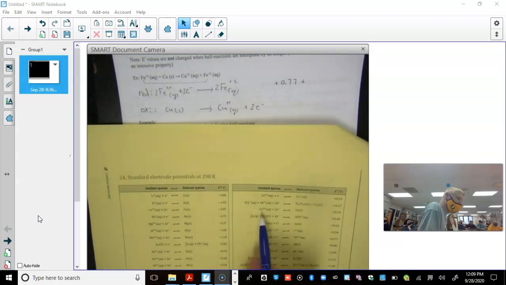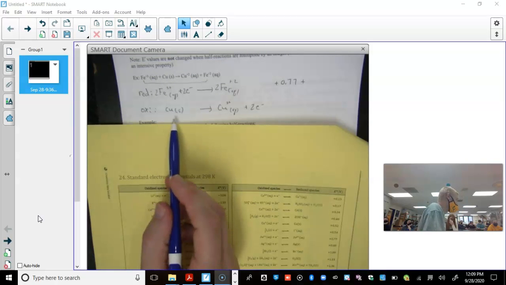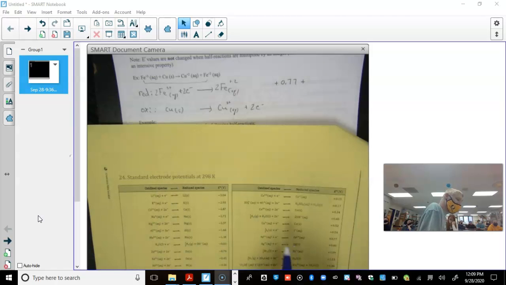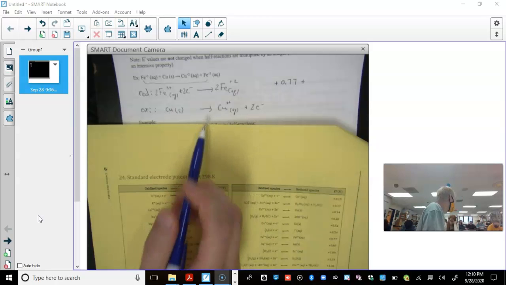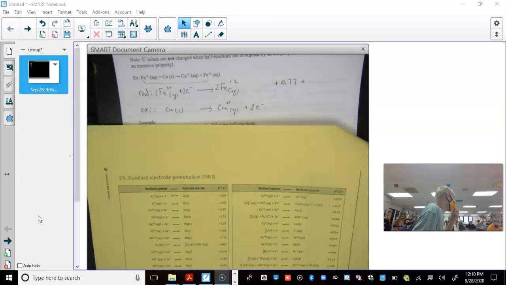All right, so we're right here. Copper 2+ plus 2 electrons equals copper solid, but here copper solid equals copper 2+. So what do we have to do to this? Nope, we don't double it. We flip the sign. You got it, because here it's being reduced, but here it's being oxidized. You could just think of it as reduction minus oxidation.